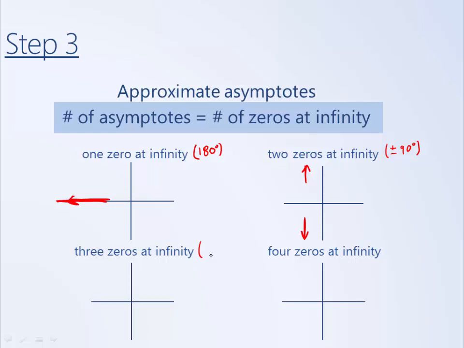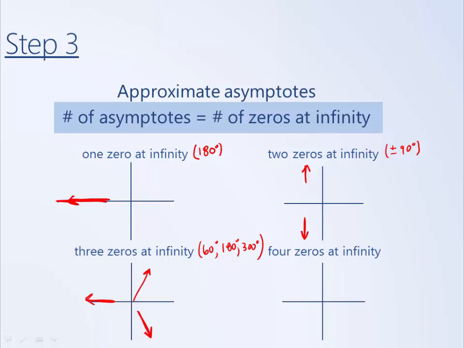So we'll have 1 at 60, 180, and 300 degrees. So we'll have 1 going up at 60, 1 going to 180, and 1 going to 300.